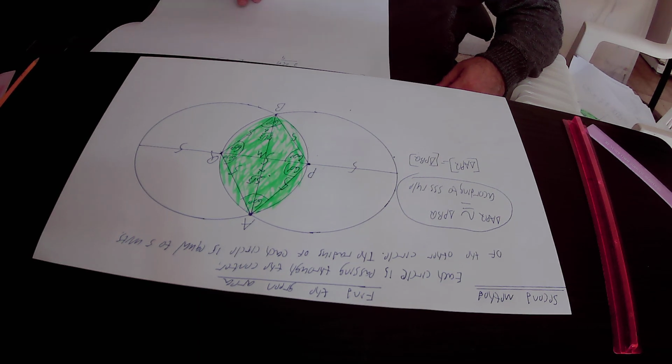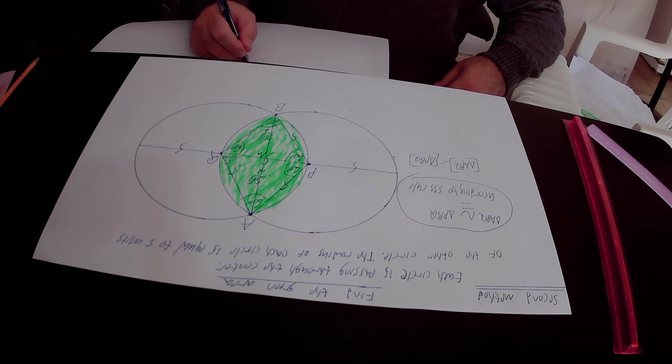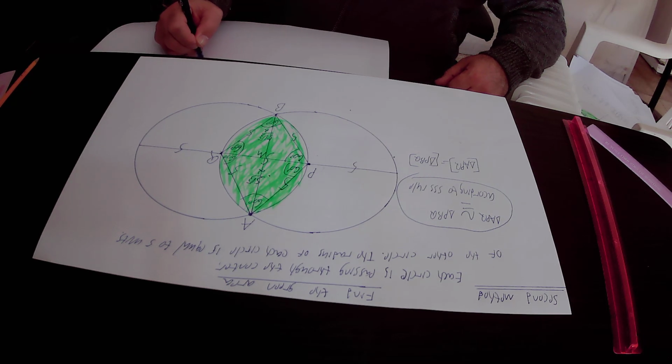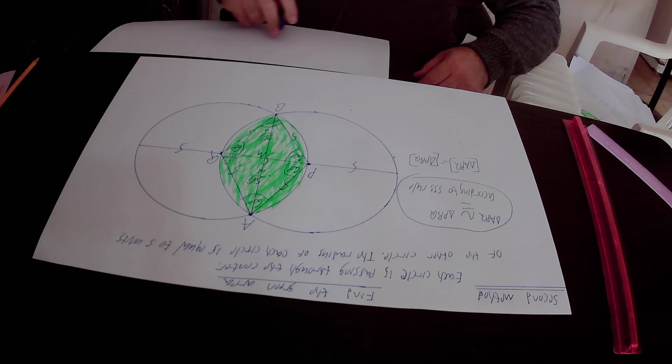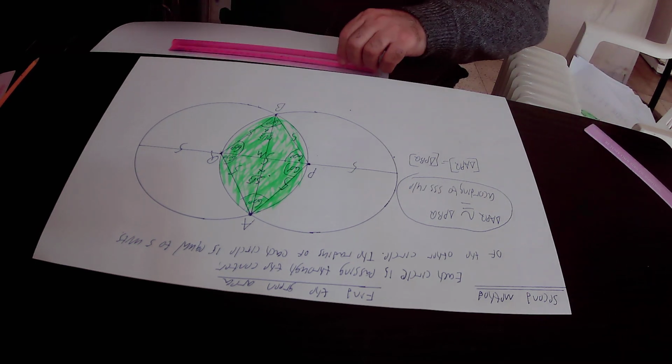We have already found out that the area of segment AP equals 25 pi over 6 minus 25 times square root of 3 over 4.